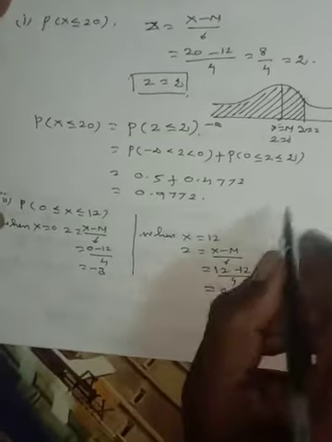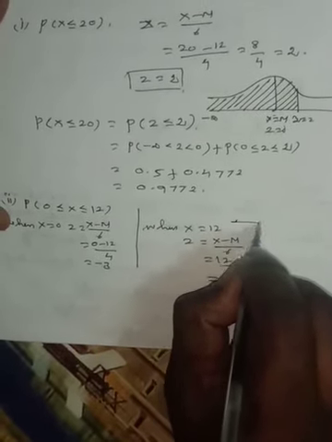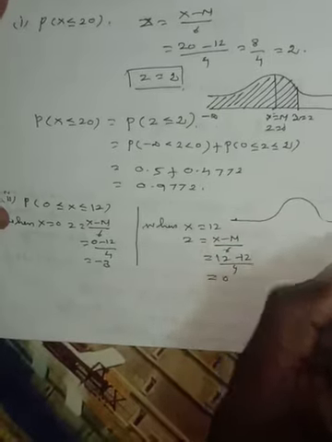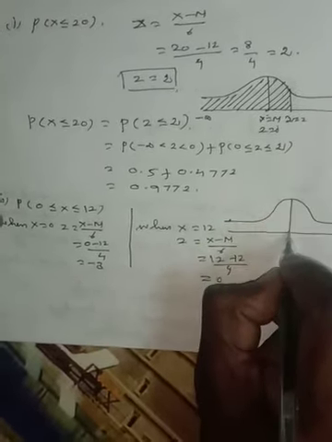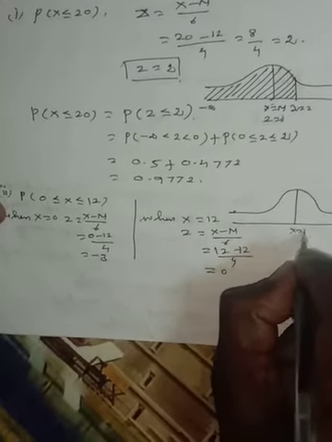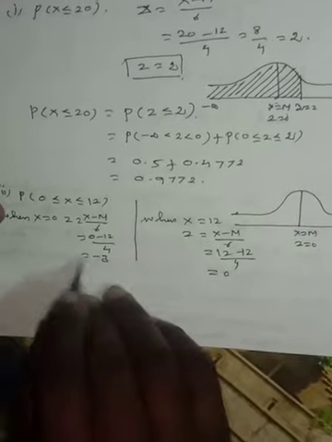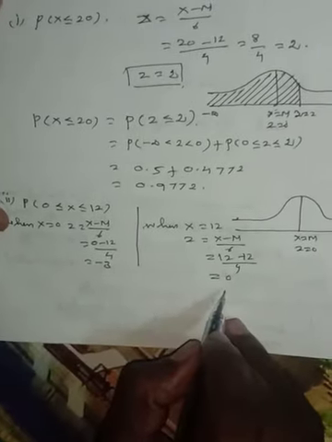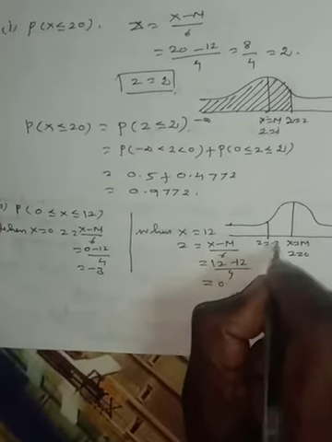Now the diagram is: x equal to mu, z equal to 0. Next, minus 3 and 0. On the left-hand side, z equal to minus 3.